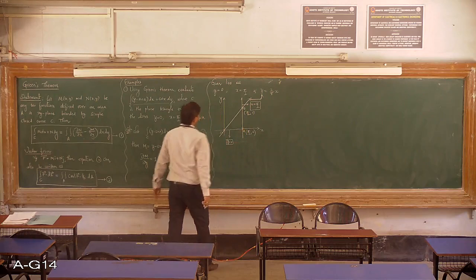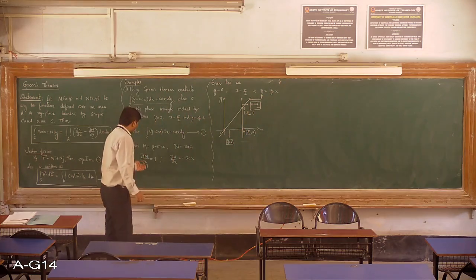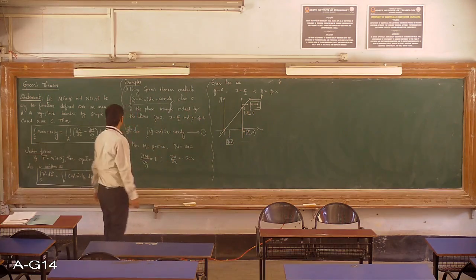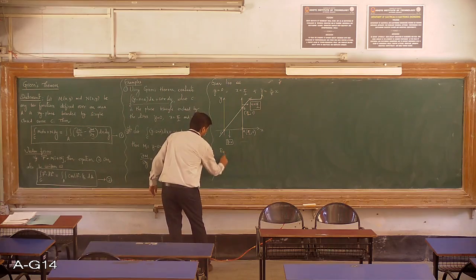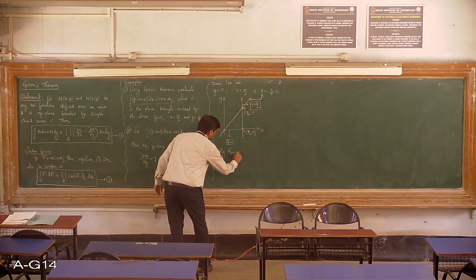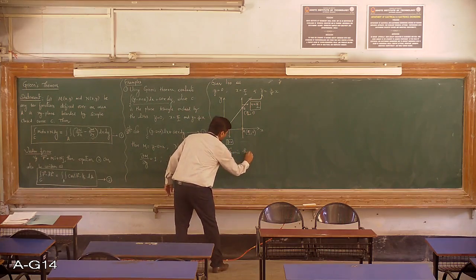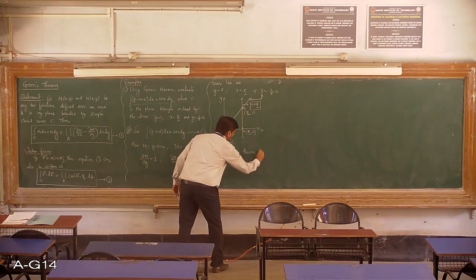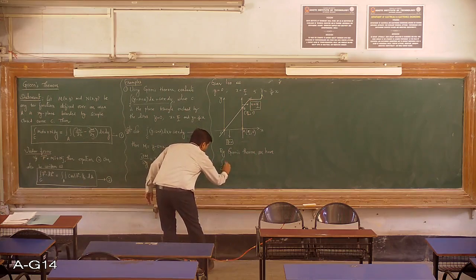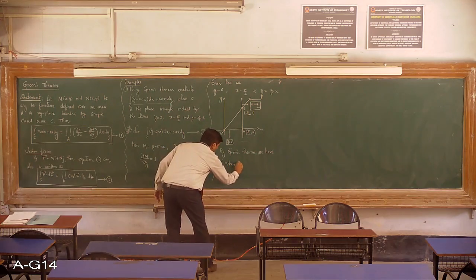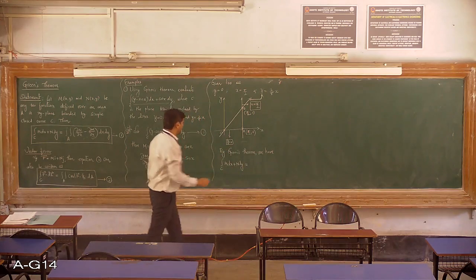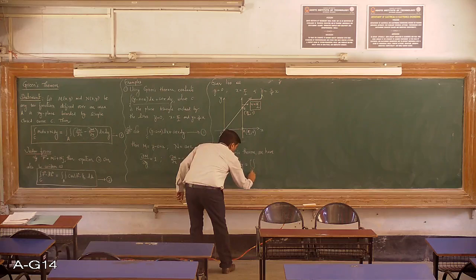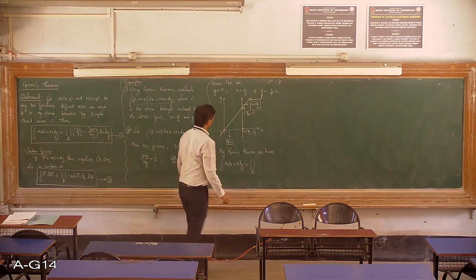After this, we have already found dou m by dou y and dou n by dou x also. Now we will apply Green's theorem. By Green's theorem, we have the integration over curve C, m dx plus n dy, is equal to the double integration over an area A. And what is that area?